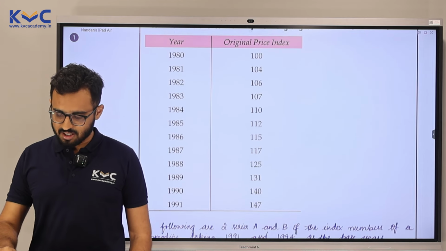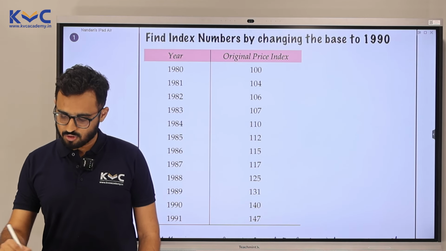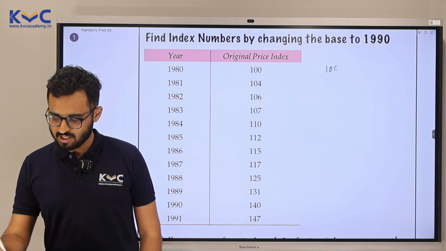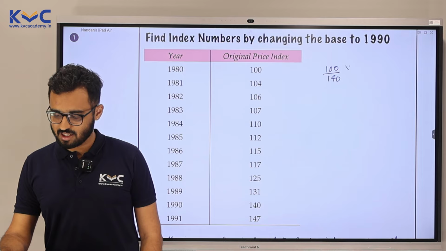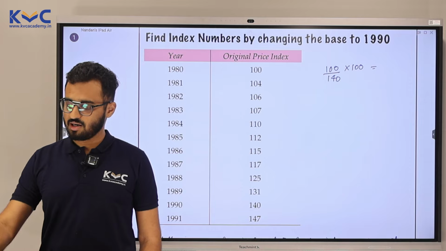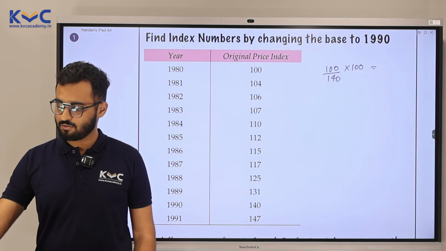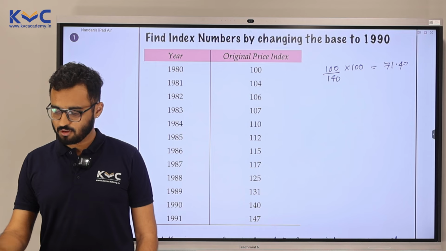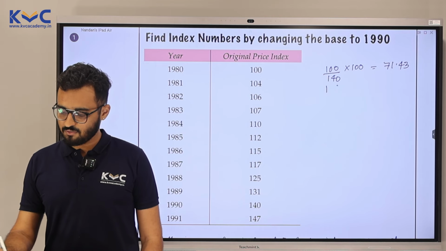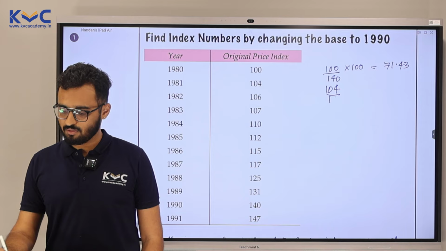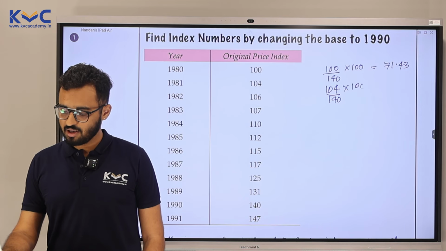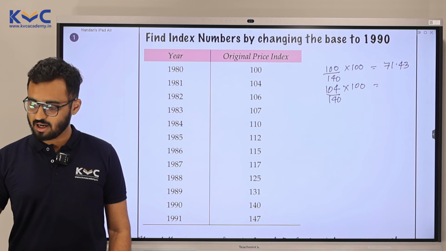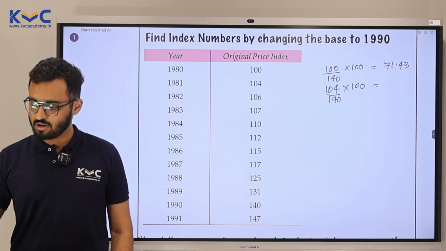Very simple, very straightforward. So what are you supposed to do? Original price index divided by price index for the new base year into 100. So 100 divided by 140 into 100 will be 71.43. Next is 104 divided by 140 into 100, which is 74.29.